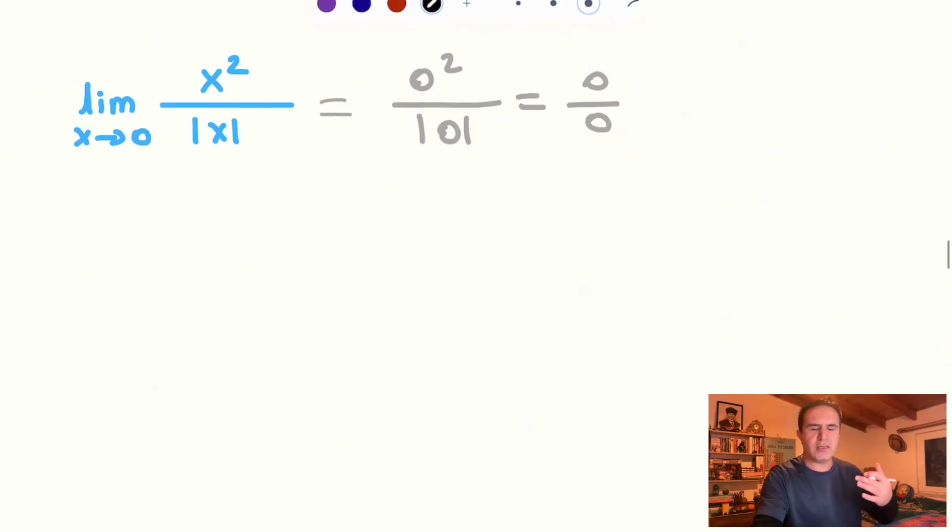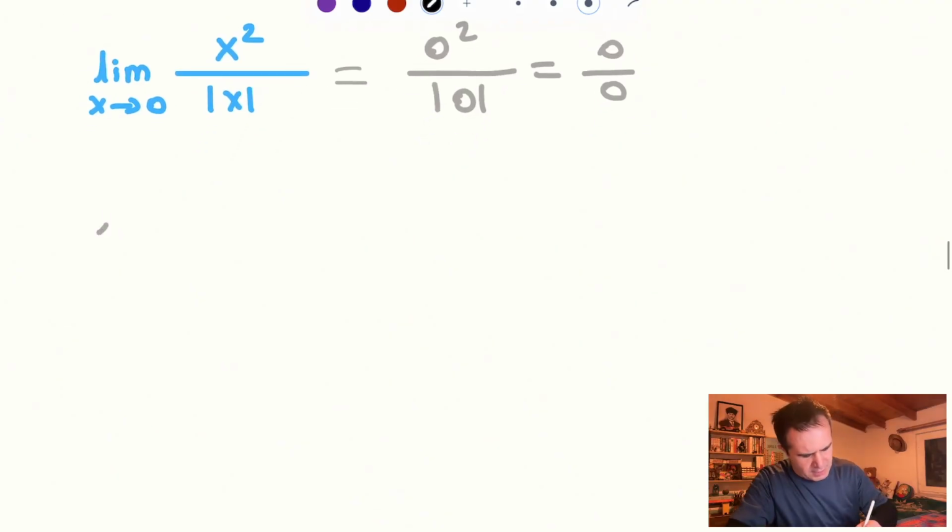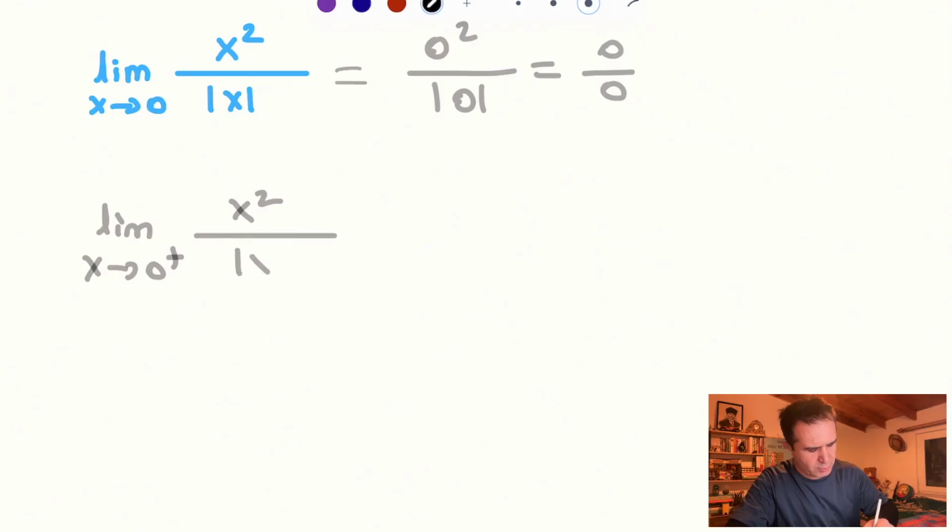Let's look at the left hand and right hand limits. Limit as x approaches 0 from the right hand side, x squared divided by absolute value of x. For positive x, absolute value of x is equal to x.